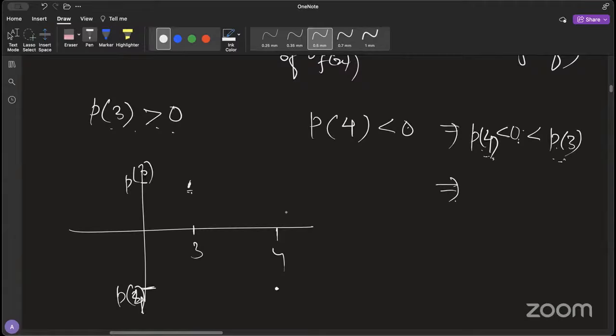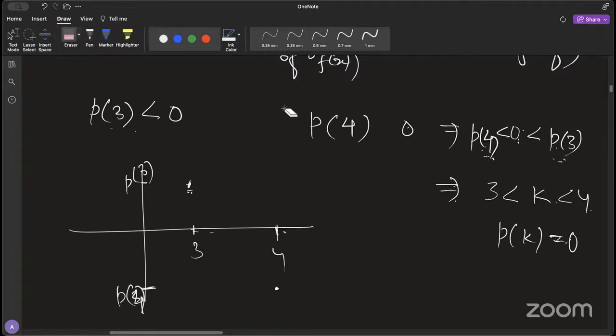That you should get a number between 3 and 4 at which your value becomes 0, right? That means there should be a number between 3 and 4 such that p of k is 0. Between these two numbers, you should get a point. Let's take this instead, it keeps things easier.